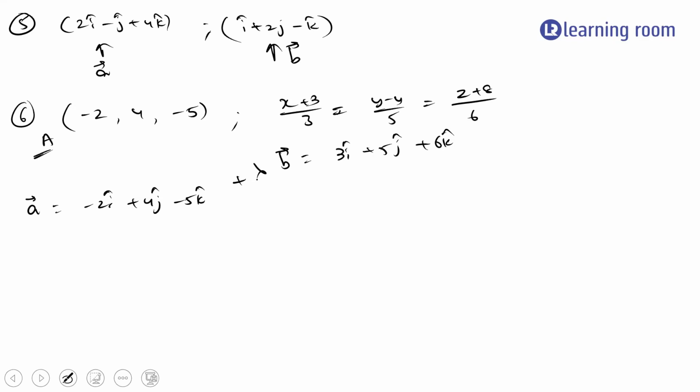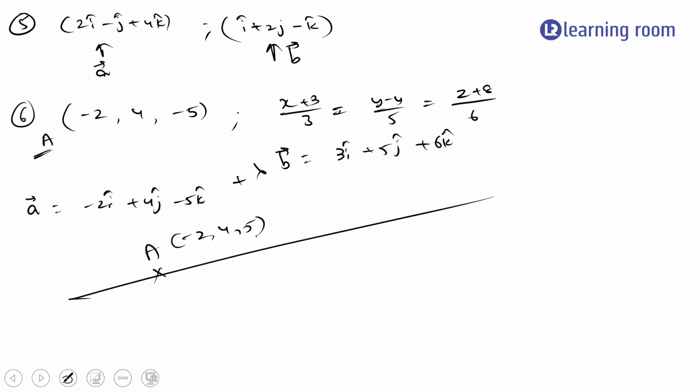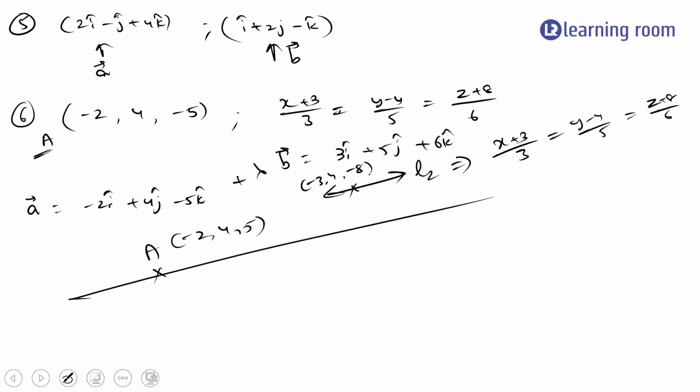There is a line, question number 3, that is passing through A (-2, 4, -5) and is parallel to another line, L2, whose equation is given as (x + 3)/3 = (y - 4)/5 = (z + 8)/6. So (-3, 4, -8) lies on L2.